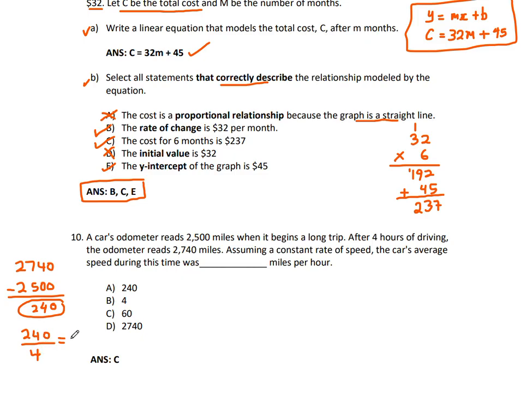We know that 240 divided by 4 is going to be 60, because 4 divides into 24 6 times. So we end up with 60 as our answer. So C is our answer, which is 60 miles per hour.